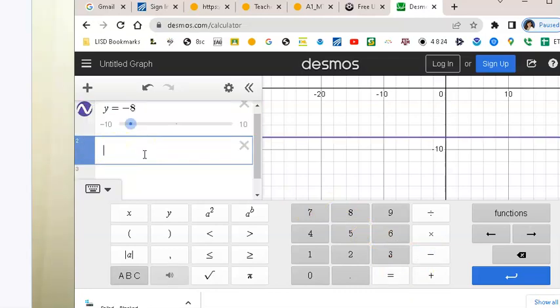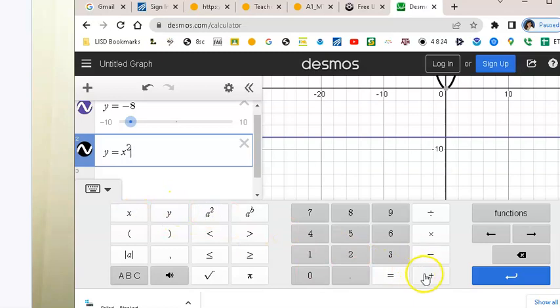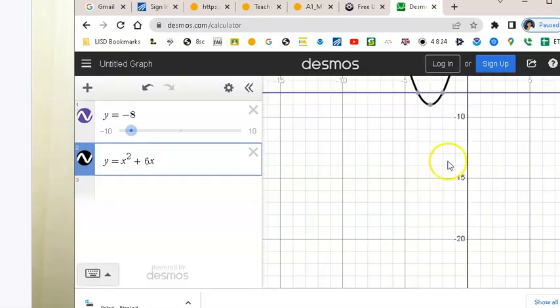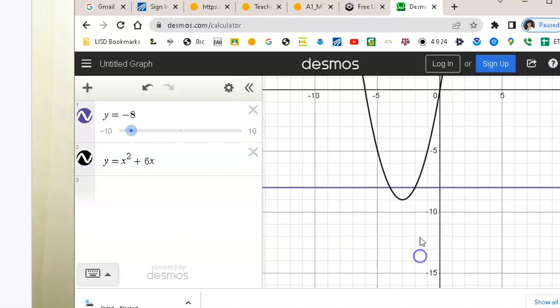And y equals x squared plus 6x. Okay. And again, where do those two lines that I graphed cross?